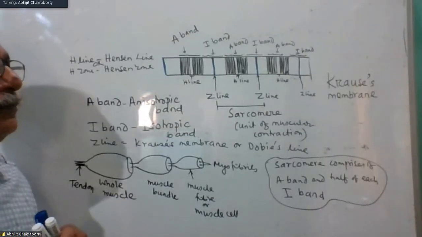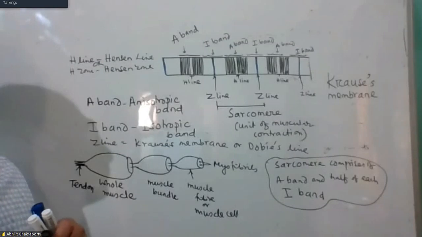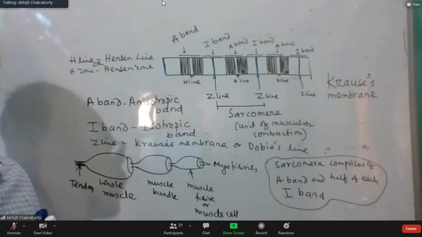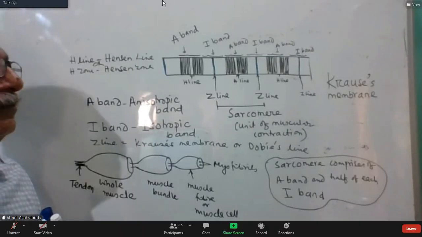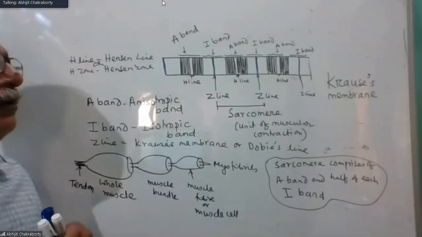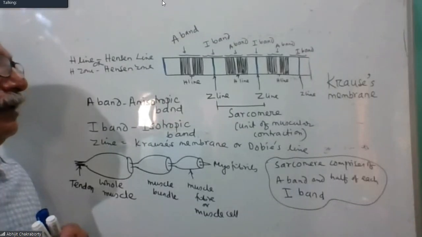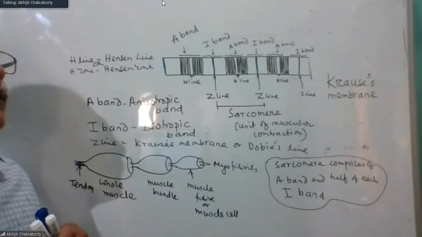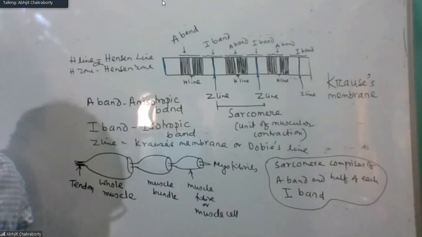Clear? And the H line or H zone may be considered as the Hansen line, or sometimes it is called the Hansen zone.